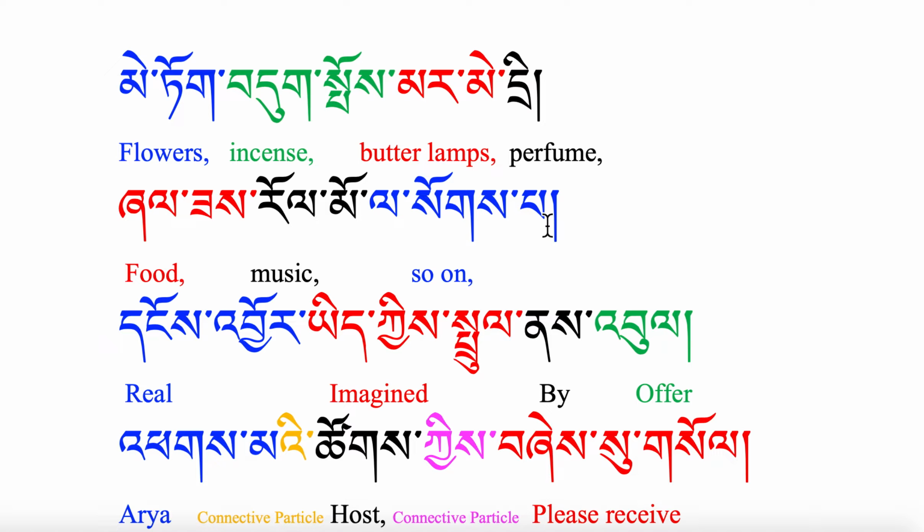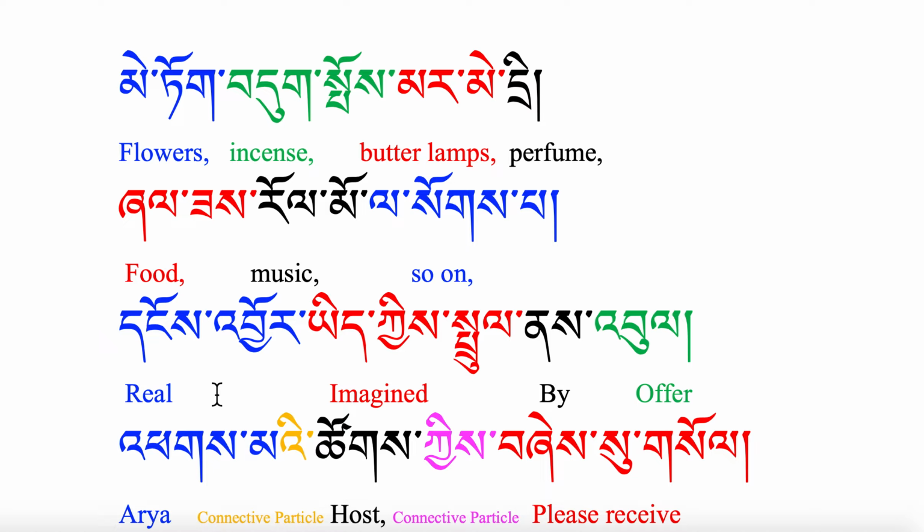La sokpa is so on. Ngejur is like real or actual. Yiki tul means imagine. Ne is by. Bul is offering. So here, ngejur means something that you possess.